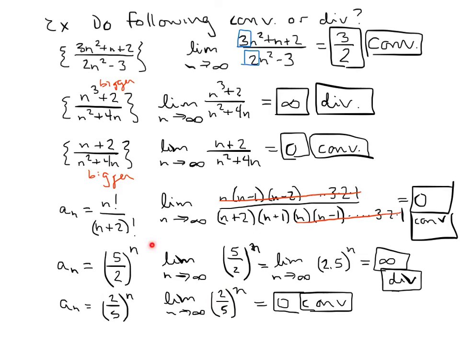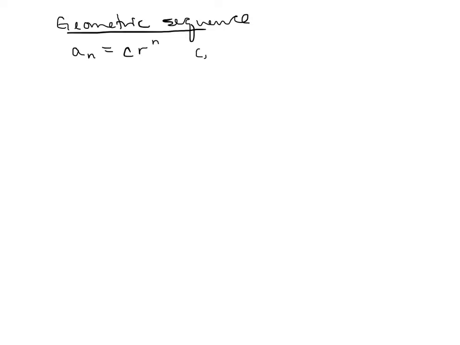All right, and these last two are a type of sequence called a geometric sequence. And a geometric sequence in general looks like a sub n equals c times r to the n, where c and r are just some numbers.